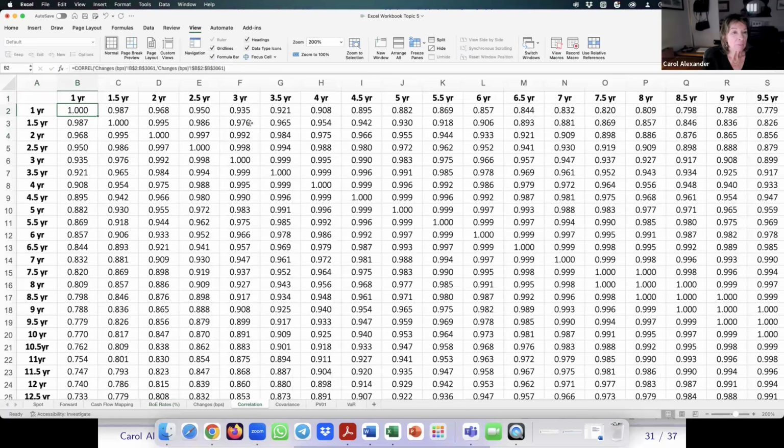They are very highly correlated. But as the difference between them falls, so for example, this is the correlation between the 1 year and the 11-year rate, it's only 0.754. But the correlation is almost perfect between the 1 year rate and the 2 year rate.